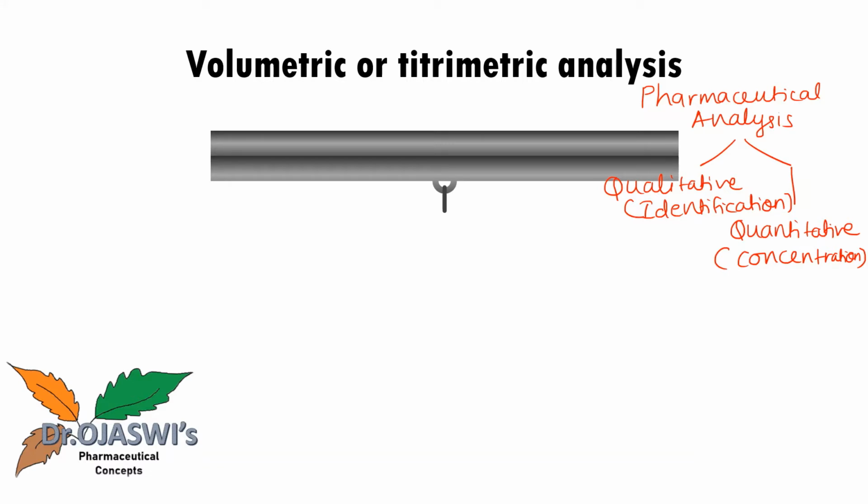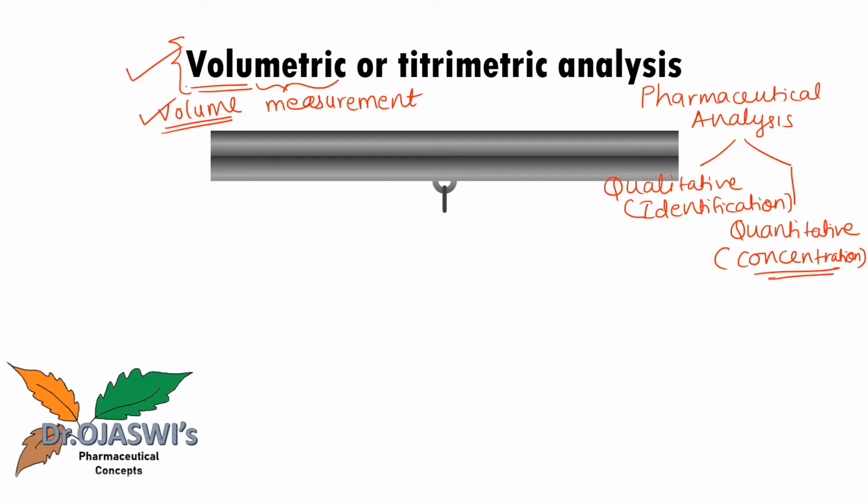So volumetric analysis is one such quantitative analysis technique where we measure. Metric means measurement. So we measure the volume of the reagent, and this volume of the standard solution which we are measuring helps us in finding out the concentration of the unknown compound.